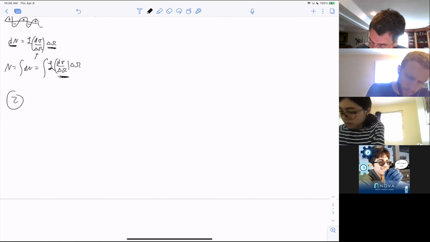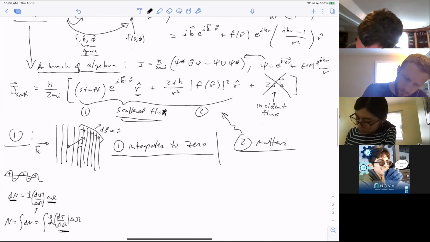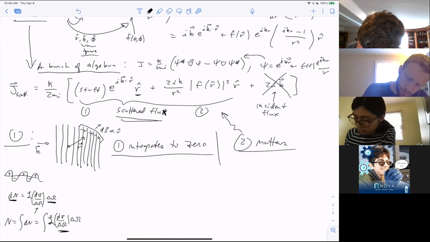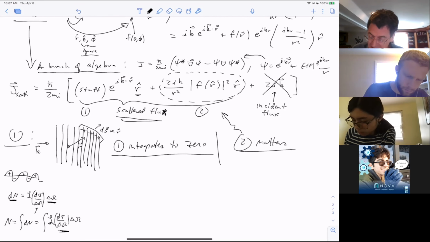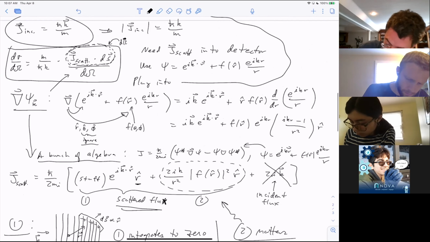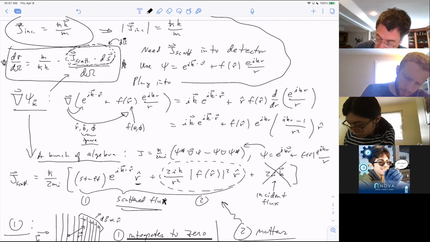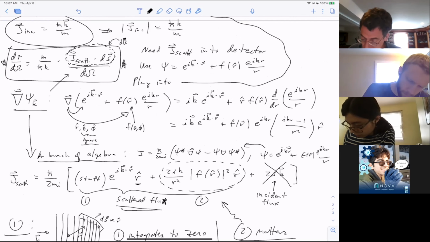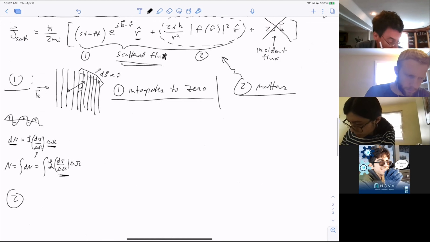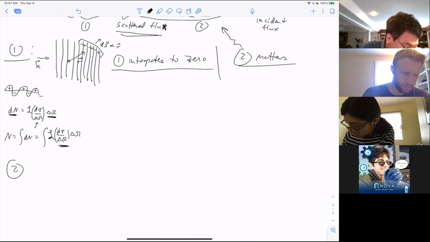For the second term, we're going to take this term and dot that into our expression for the differential cross section. So we've got to dot that term into dS for the detector. So now we have to look at the second term.